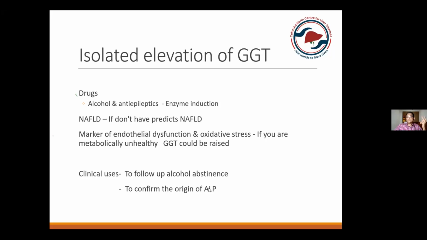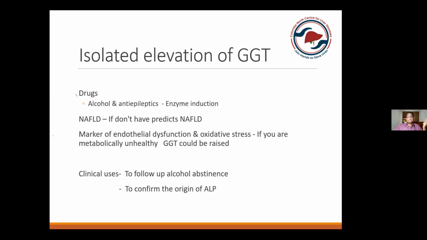If the alkaline phosphatase is elevated, to check whether it is coming from the hepatobiliary tree, you do gamma GT. So those are the two main clinical indications for requesting gamma GT. But isolated elevation can be due to alcohol, anti-epileptic drugs, then fatty liver, NASH.